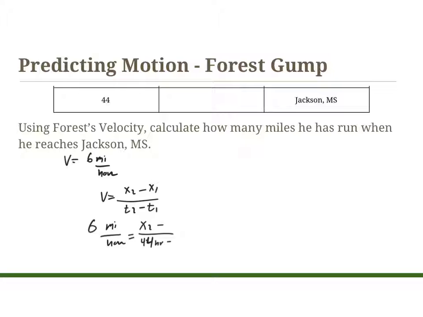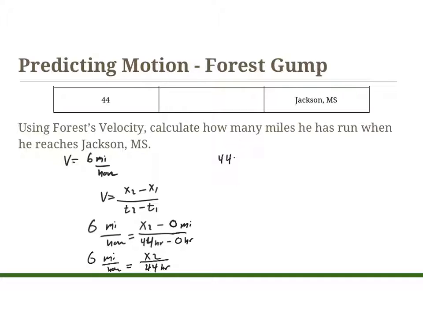Now, I'm going to go back and use total miles jogged because that would be easier. So 0 miles, since we're talking about Greenbow, and 0 hours. When I simplify this, I have 6 miles per hour equals x2 over 44 hours. So I'm going to multiply both sides by 44.